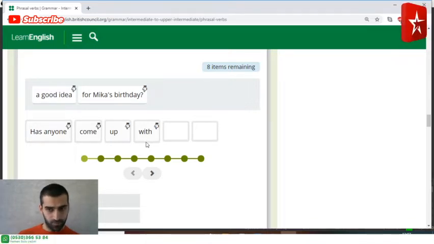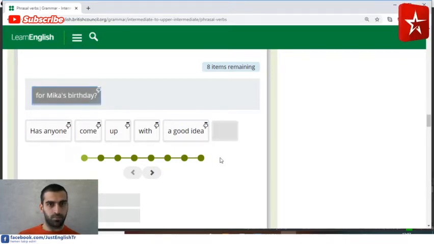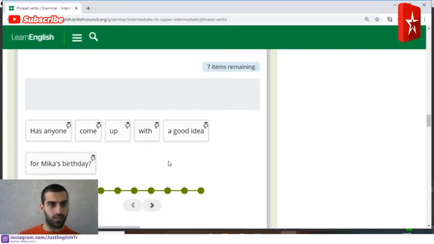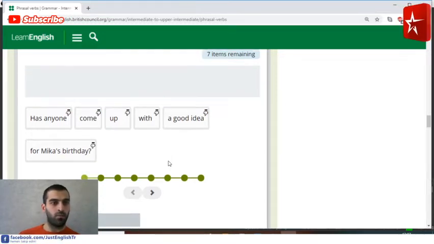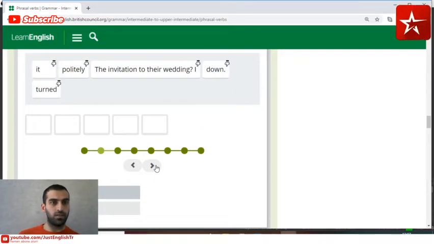It means having an idea, like a good idea. Yes, let's choose good idea for this one. Has anyone come up with a good idea for Mike's birthday? Yes, that's the correct answer. Great. Has anyone come up with a good idea for Mike's birthday? Great. Let's continue with the next one.